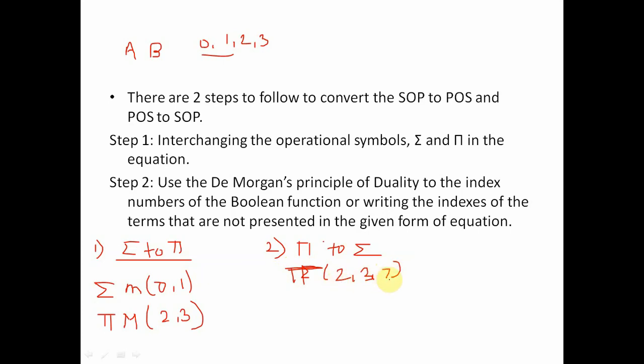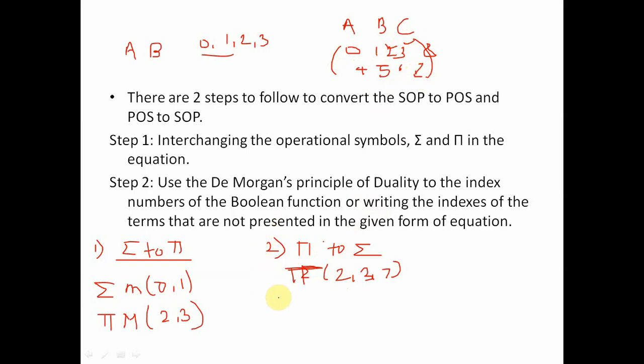Three variables are present, so there are 8 combinations: 0, 1, 2, 3, 4, 5, 6, 7. But here only 2, 3 and 7 are present.